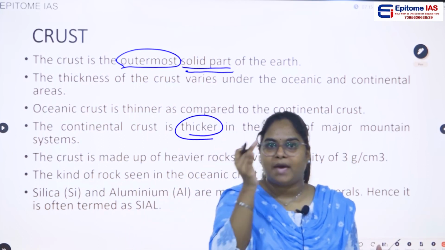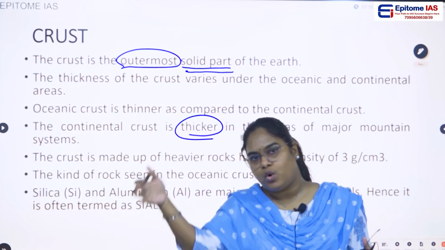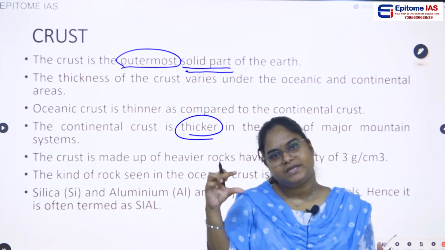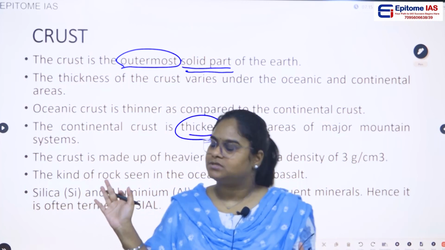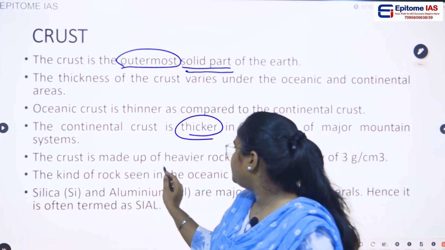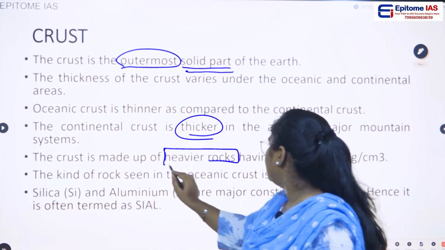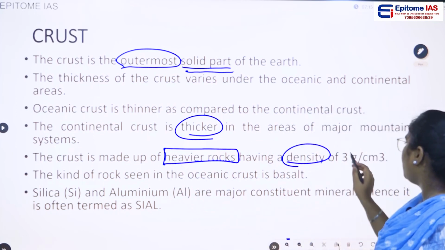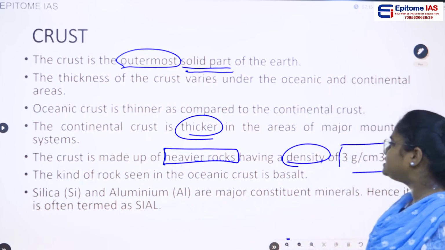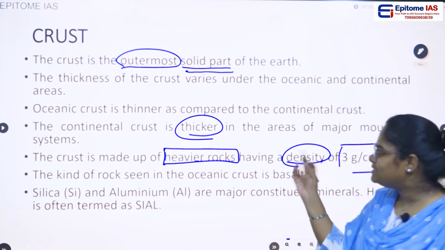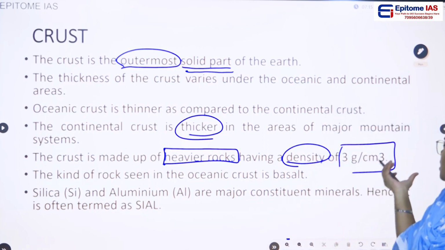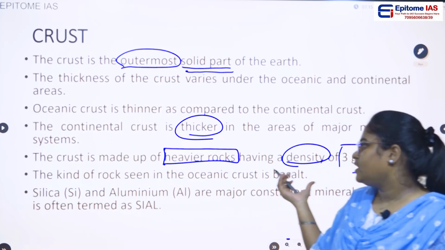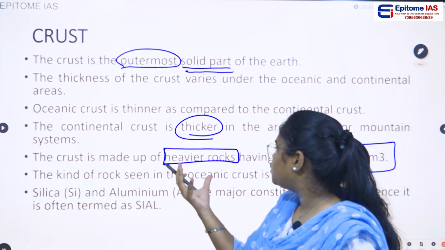And if you compare the land area and the oceanic crust, the oceanic crust would be much thinner than the continental crust. The crust is made up of heavier rocks having a density of 3 gram per centimeter cube. The density is 3 gram per centimeter cube, and it consists of some heavy rocks.